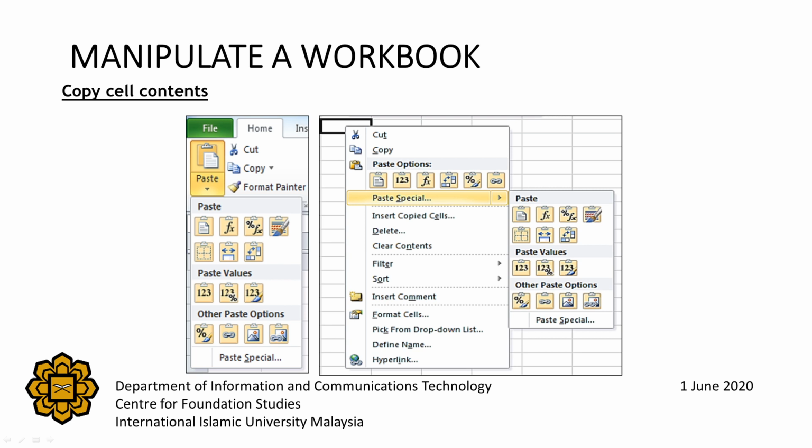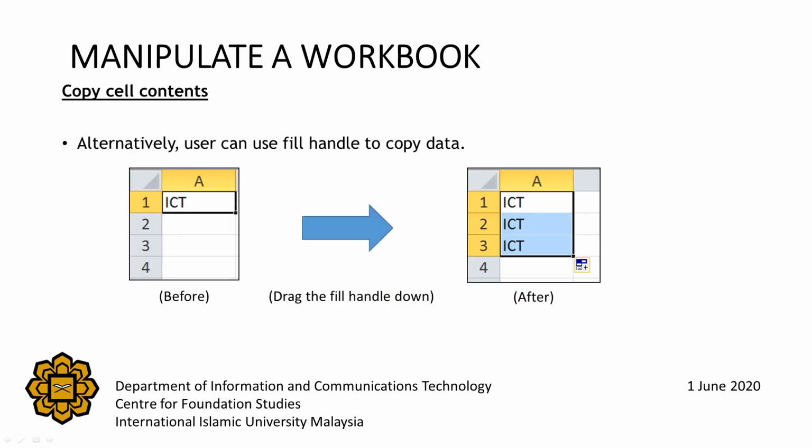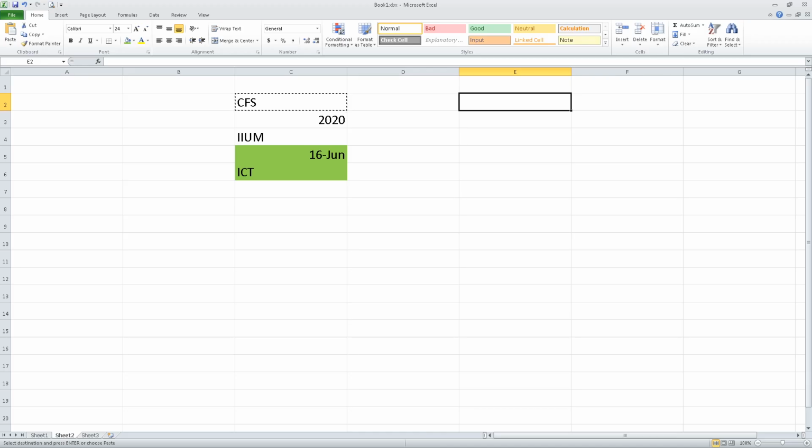There is another alternative that you can use to copy the cell contents. I believe I have shown it to you in our previous tutorial video, but now I'll show you again. You can use the AutoFill handle to copy the data. Let me show you an example.